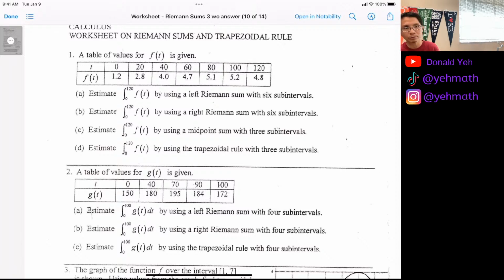Remember that we're multiplying 20 times. I'm redoing it. I think the numbers are funky. Maybe I didn't put a decimal point. Yeah, I missed the decimal. I'll do that.